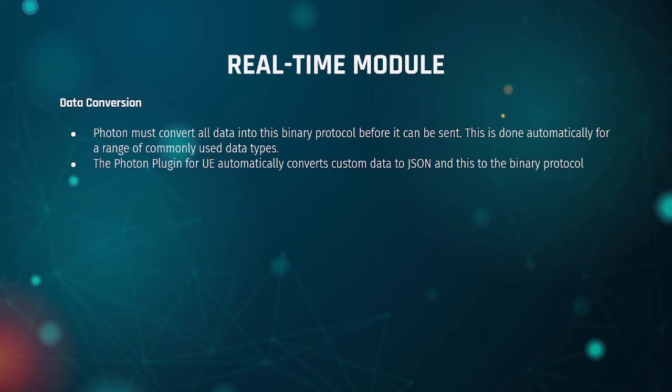So what I did was a JSON module, and this is a class. With this class, you can convert any data from Unreal to JSON, and from JSON I do the automatic conversion to the Photon types. You can use dictionaries and hash tables, and there are tools to convert between them.